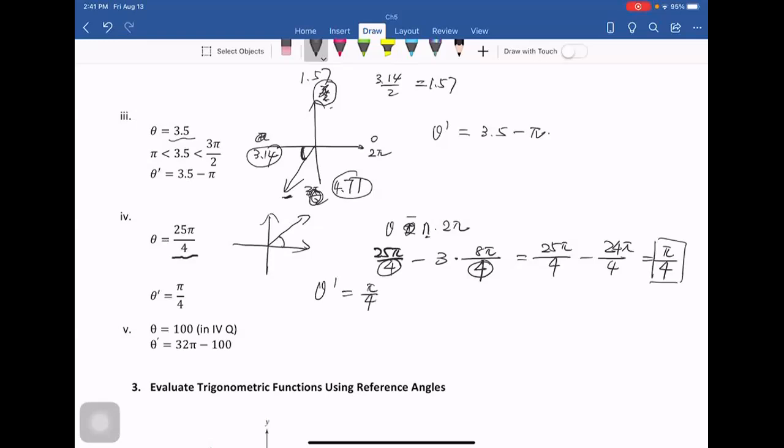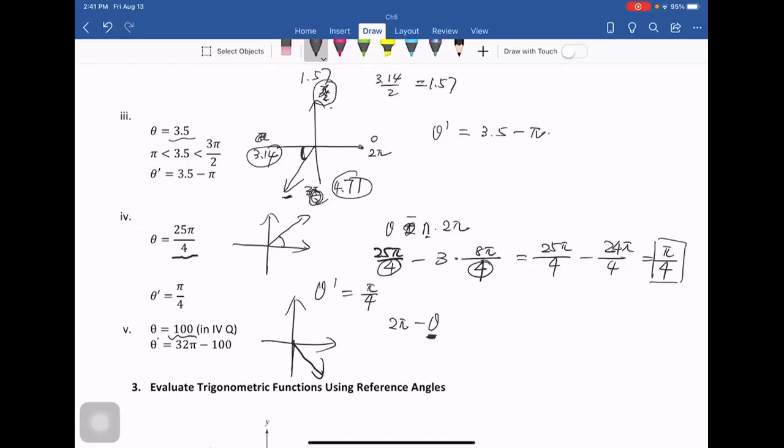Next one is 100. That's very big, so I want to find a coterminal angle that is very close to a simple angle. It's in the fourth quadrant, here. What should we do? In the fourth quadrant, I can use 2 pi minus the coterminal of theta.